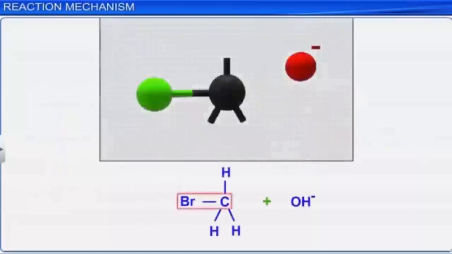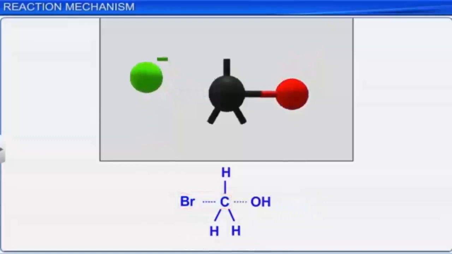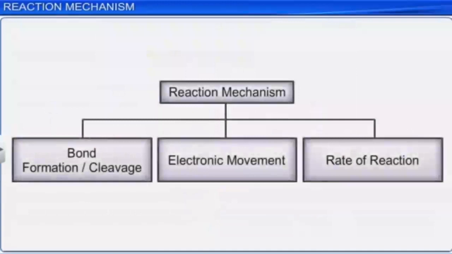The covalent bond between carbon and bromine of methyl bromide gets cleaved and a new bond between carbon and hydroxide ion is formed. The energetics during breaking and forming of bonds, movement of electrons, and the rate of reaction in a sequential description are referred to as the reaction mechanism.